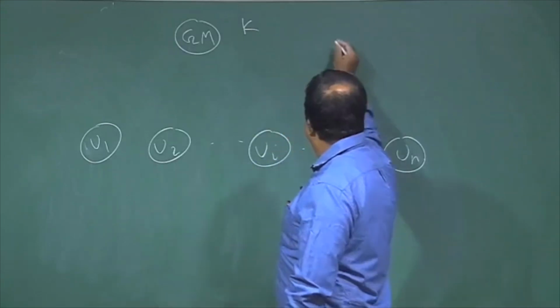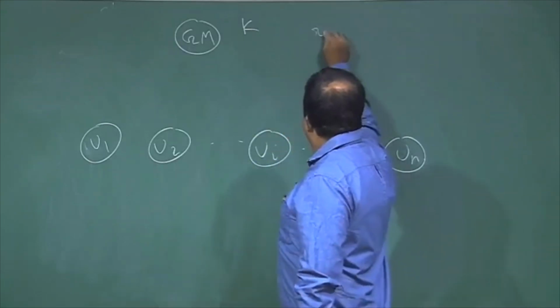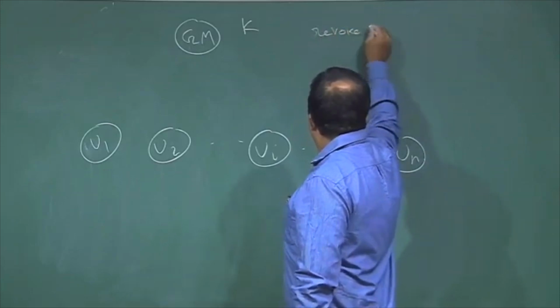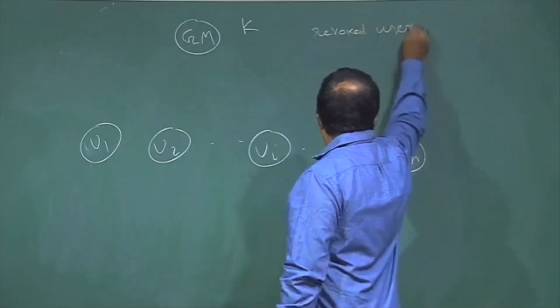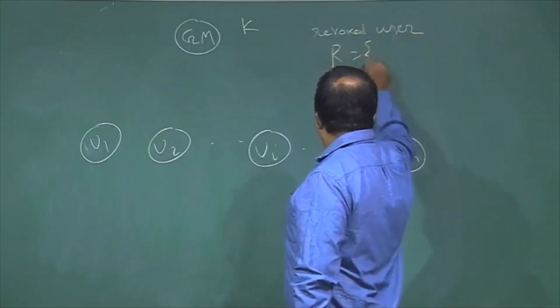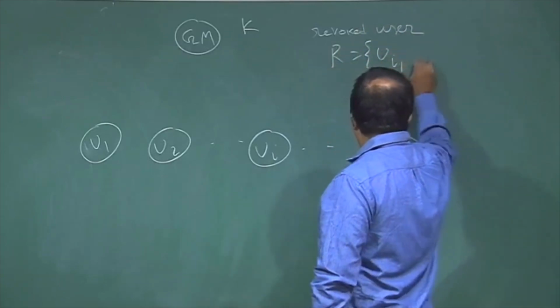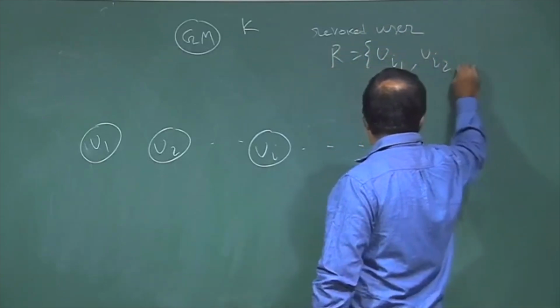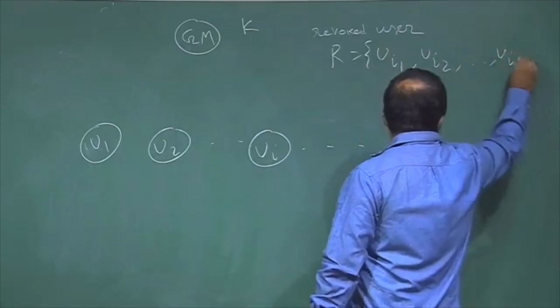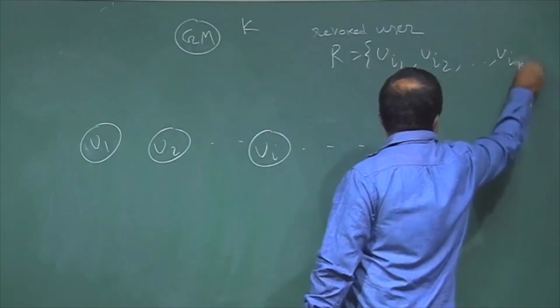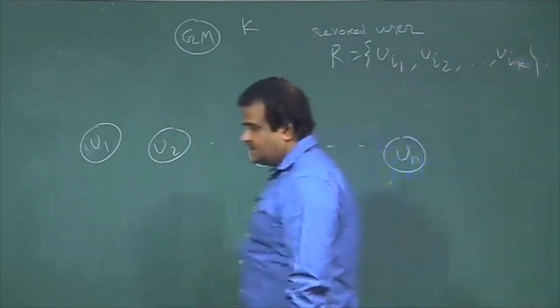And this is the set of revoked users, say the revoked user set I: Ui1, Ui2, up to UiK. Suppose this is the set of revoked users.